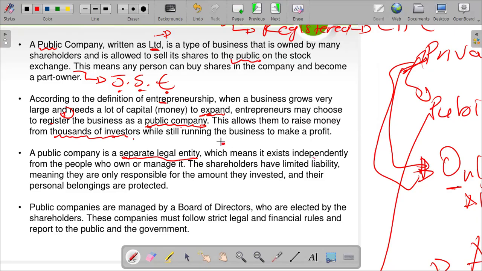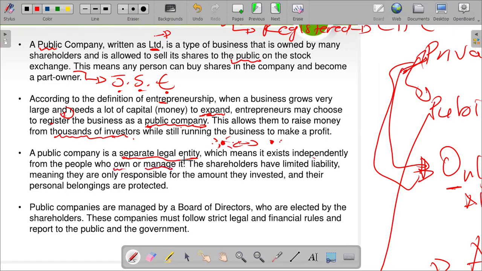So the company stands here and the shareholders stand here. These two don't interlink. Whatever legalities happen with the company will not affect the owners. This one stands on its own and this one stands on its own. It exists independently from the people who own or manage it.